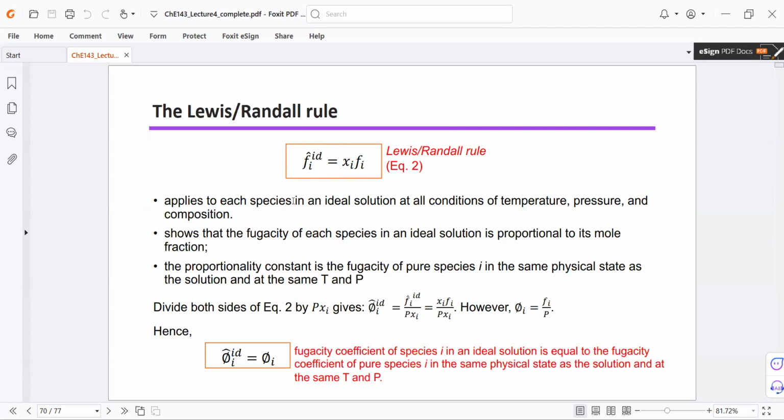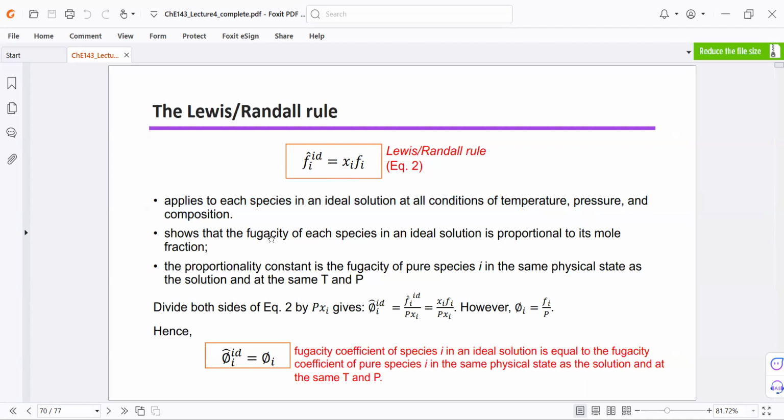So in the previous lectures, we said that the fugacity of the components in an ideal solution is represented by the hat symbol right there, and it's equal to the mole fraction multiplied by the fugacity of the pure species. And it applies to each species in an ideal solution at all temperature, pressure, and composition.